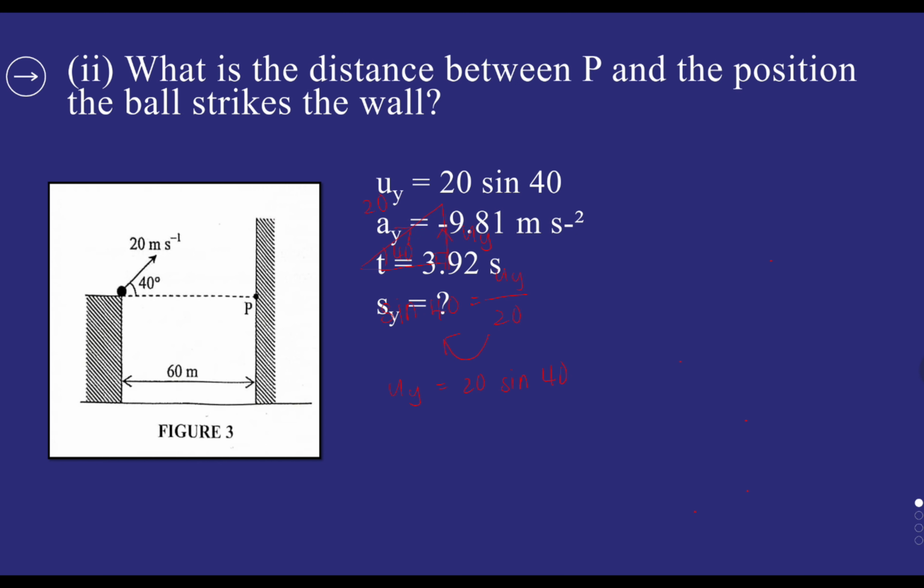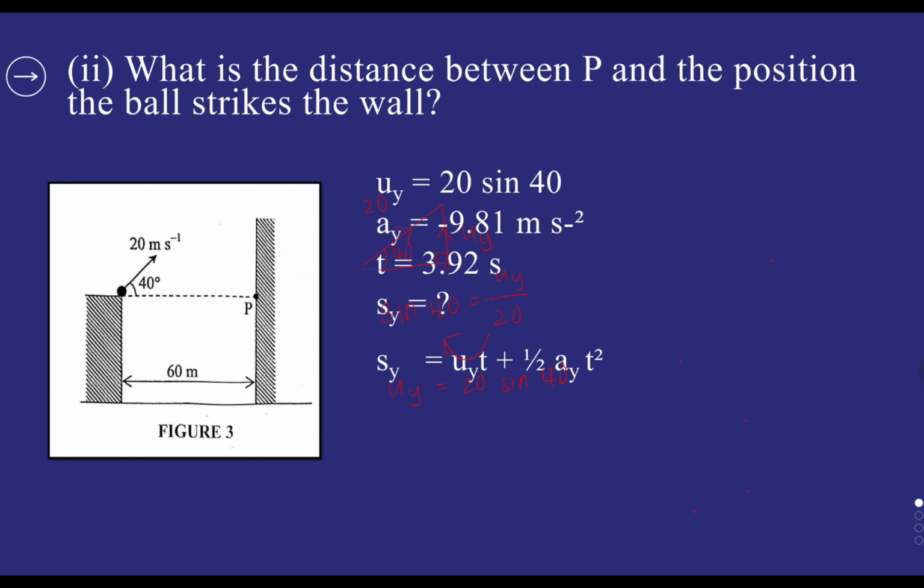I'm Ker from F5T05A, and now I'm going to continue with the question. So with the values given above, what equation are we going to use? So we are going to use Sy equals Uyt plus half Ayt squared.